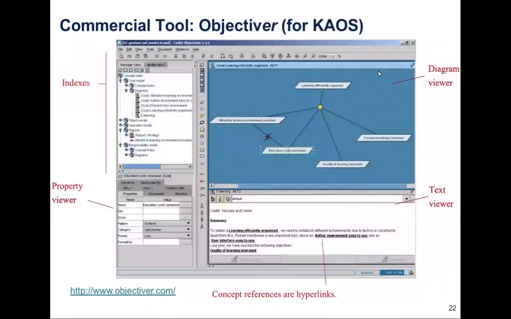Finally, we have the Objectifier, which is not used to model goal models using the GRL notation, but rather just using the cause notation. If you're interested to learn more about the cause and how this could be modeled, you might want to check this website and see how this tool could be used to model goals, but based on the cause notation.